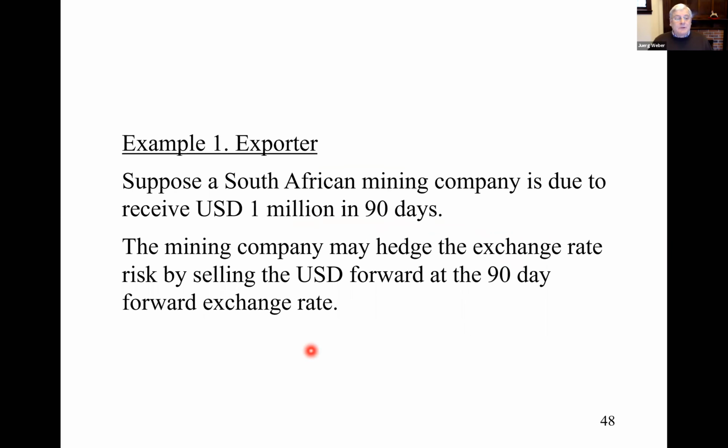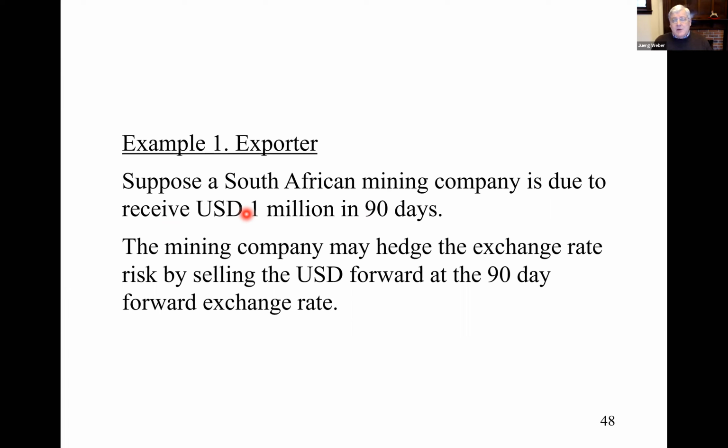Let's make an example. Let's have a mining company in South Africa. It has delivered some ore to America, and they will be paid in 90 days $1 million. So the mining company has now exchange risk. It does not know what the exchange rate will be in 90 days for the US dollar against the rand.